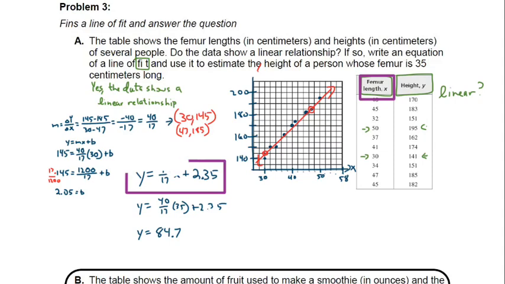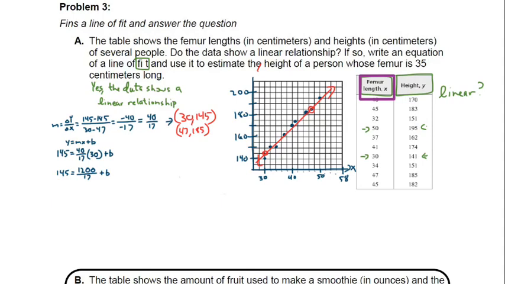Mr. Hunter made a big boo-boo. So let me pause and erase everything real quick. So that's 145 equals 70.59 plus b. Subtract that over, so 145 minus 70.59 equals 74.41. Equals b. That's very different than what we had before.